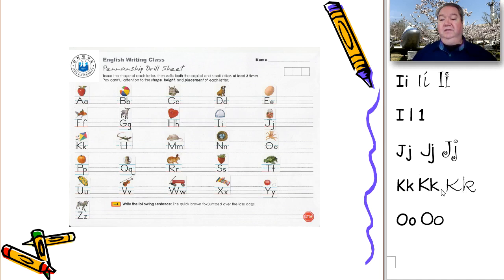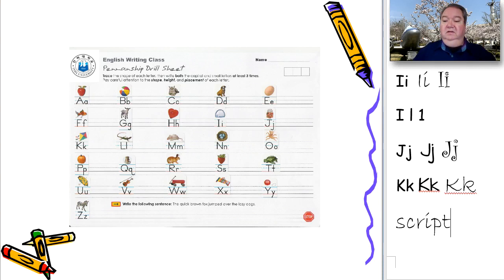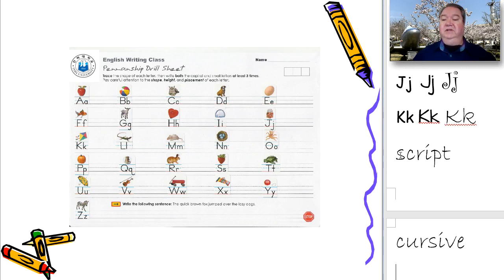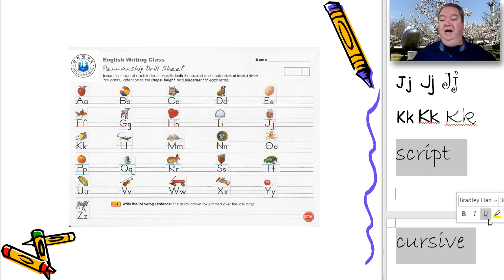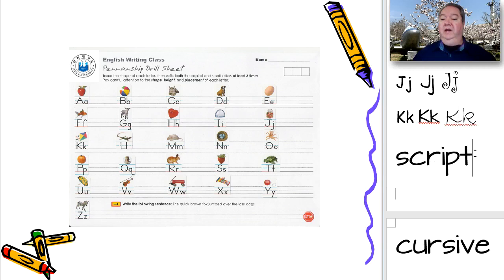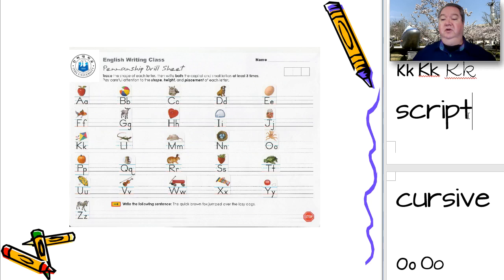In this font, the lowercase k is actually taller, and they've done more of a script style, or cursive. That font is kind of pretty, but again, they put the little accent marks above the i's, so I don't like that one. That bothers me. But that's more of a script style or cursive font, so avoid that as well.